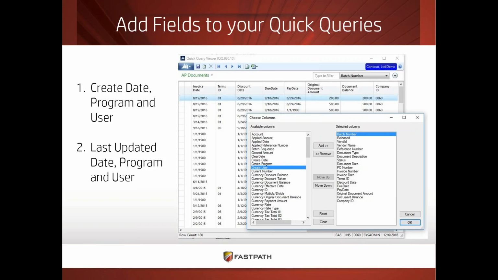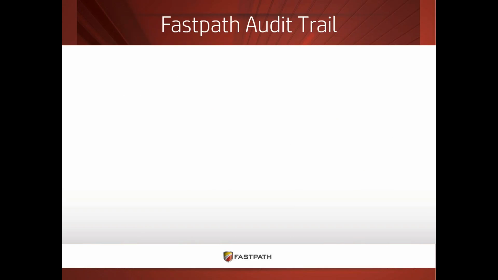So in this example, the AP documents quick query, add the created user to it, and save it as one that you can say, all right, I want to take a look at all my AP documents and I want to see who created each and every one. People forget that it's there, so just make sure that if there's a need to track that within the system, that you create your queries to go ahead and match that functionality.